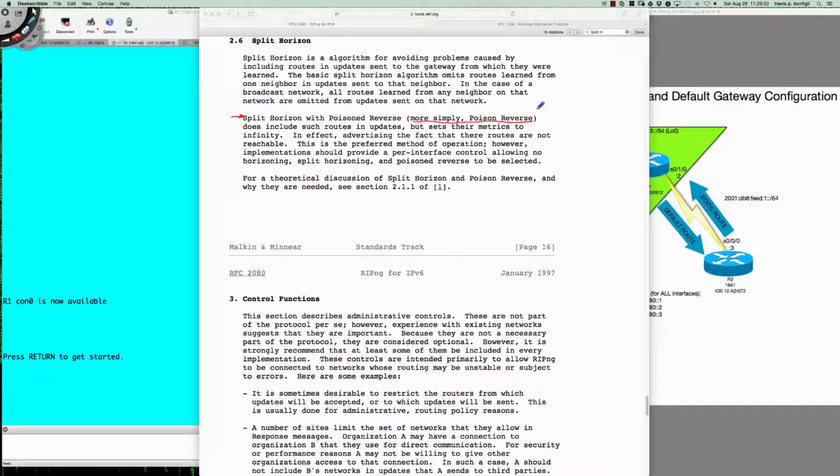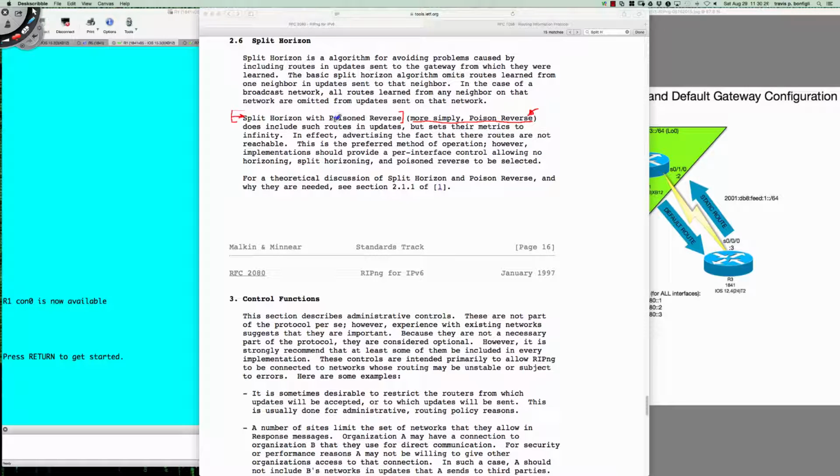What this means is that when we're using poison reverse, you'll hear it referred to as split horizon with poison reverse, because by default, and specifically in the Cisco implementation, split horizon is on by default. So if we do nothing else except type in our IPv6 router RIP name process to create the RIPng process, split horizon is going to be on.